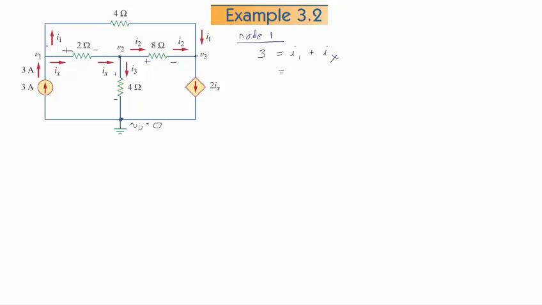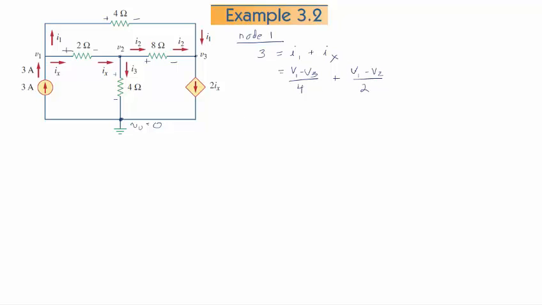So I1 is V1 minus V3 over 4 ohms. And IX is V1 minus V2 over 2 ohms.